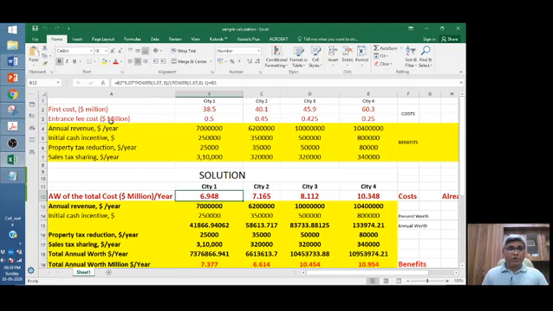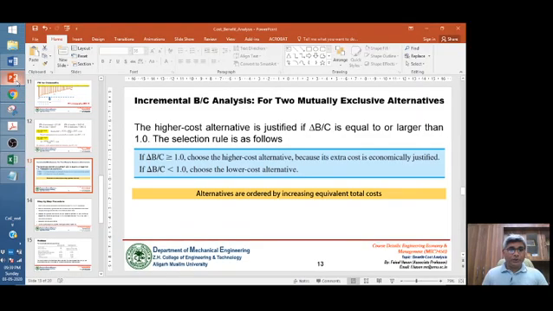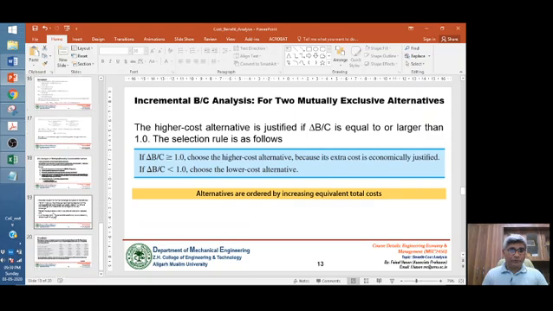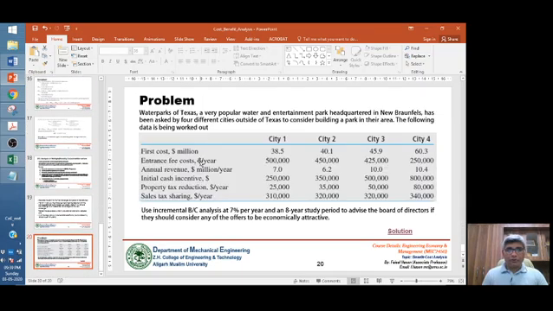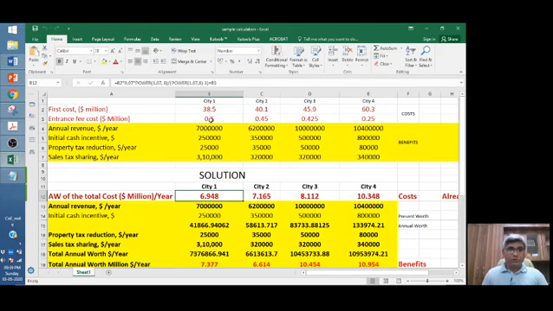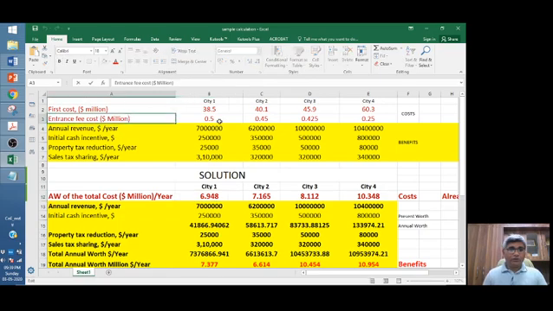The entrance fee cost is already given per year, so there is no need of converting it. I should write here, this many $million per year.